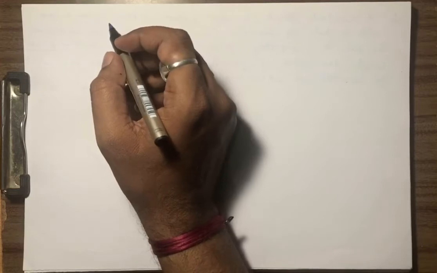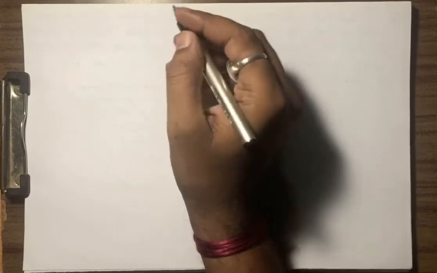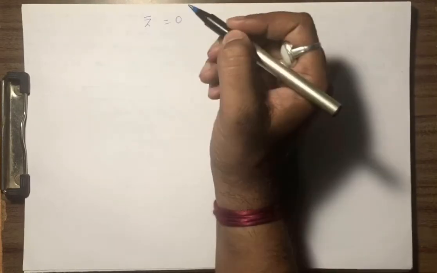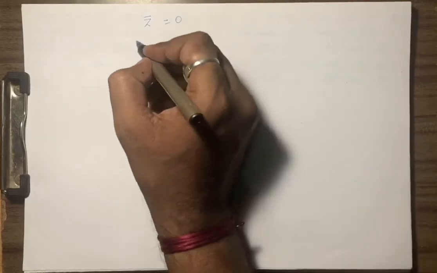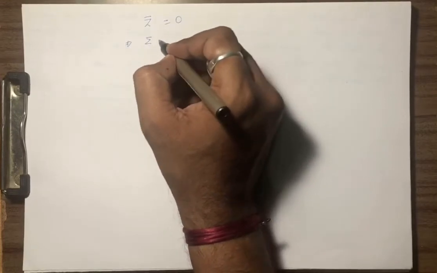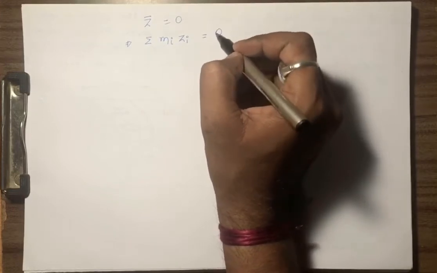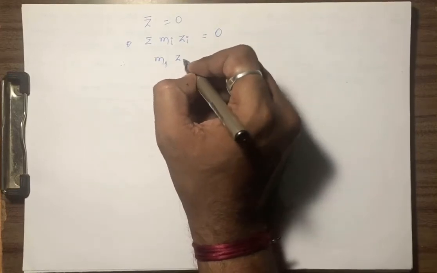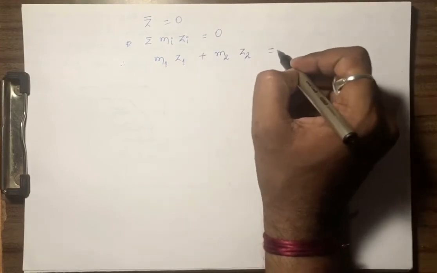So the centroid has to be on the x plane, then only we are going to have this stable equilibrium. For that condition z bar will be 0. This means summation mi zi is 0, hence m1 z1 plus m2 z2 is 0.